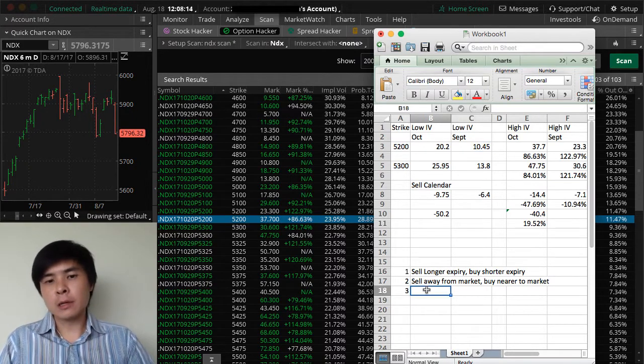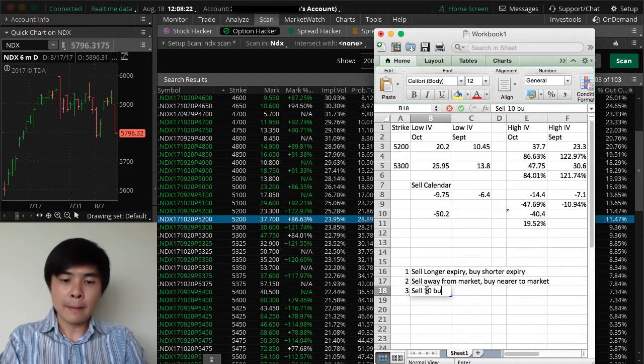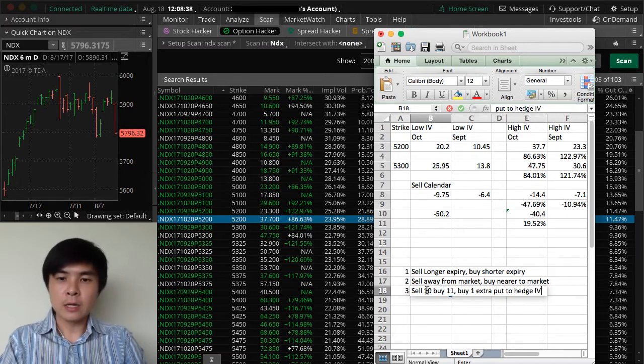Okay, so the third thing that I'm going to share with you is sell 10 but buy 11, or in other words, buy one extra put to hedge IV spike.